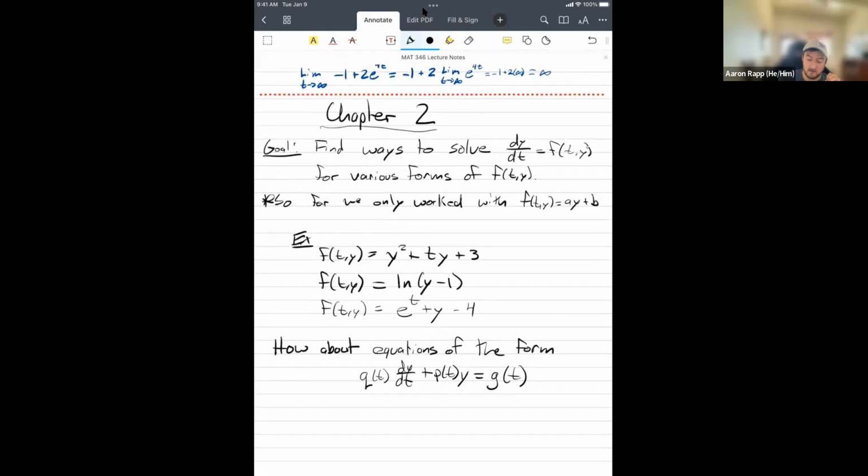It's just a small little difference from what we did before, because I can move that p of t times y over and then divide by q of t. This is, of course, assuming this function q of t is non-zero.